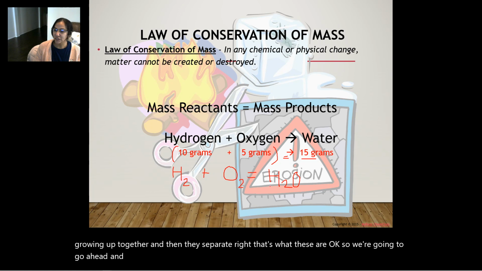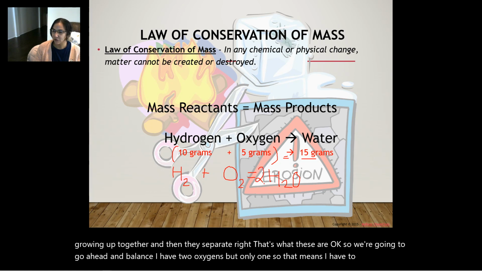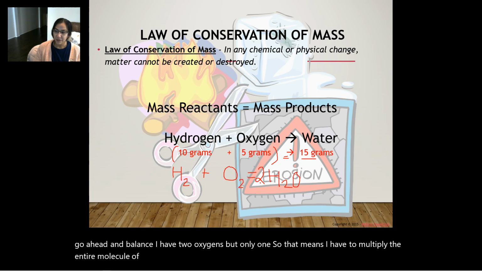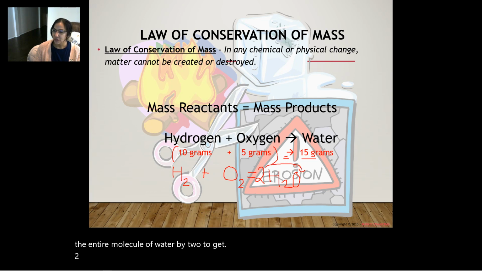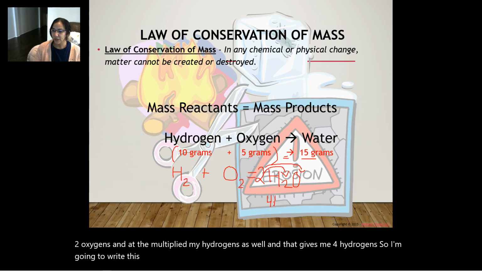I have 2 oxygens, but only 1, so that means I have to multiply the entire molecule of water by 2 to get 2 oxygens. And I have to multiply my hydrogen as well, and that gives me 4 hydrogens. So I'm going to write this down so that we could clearly see it. I have 4 hydrogens, and I have 2 oxygens here.